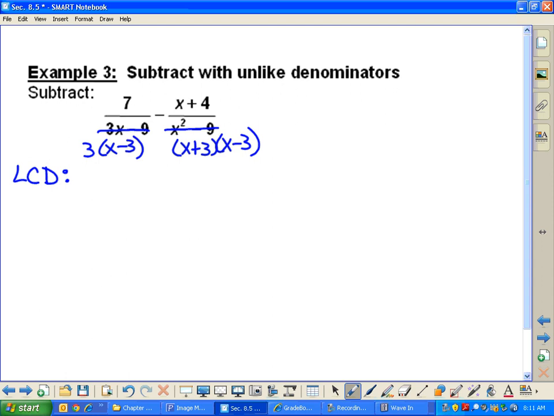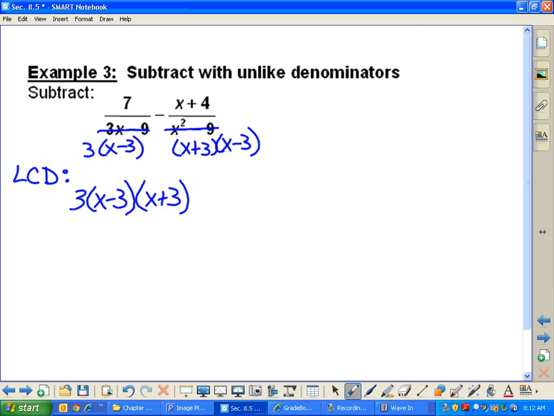So when I go ahead and find the LCD, I bring down the first denominator. And then I compare it with what's on the right. So if I look here, the factor that I'm missing to get the common denominator is just this factor of x plus 3. I'll bring that down. And that's my LCD.